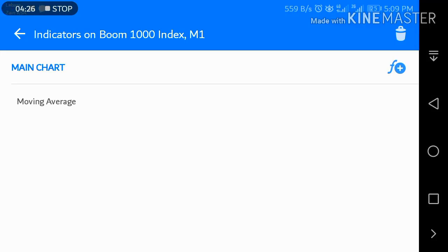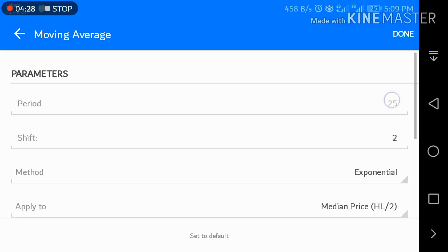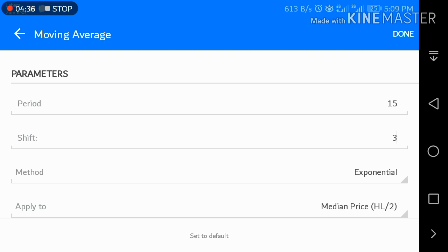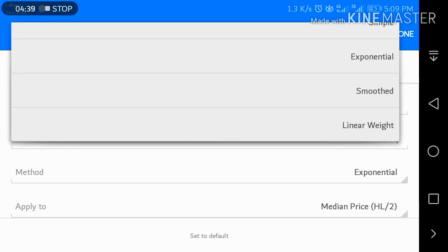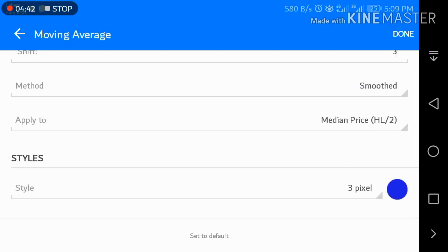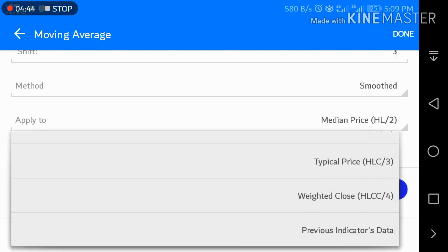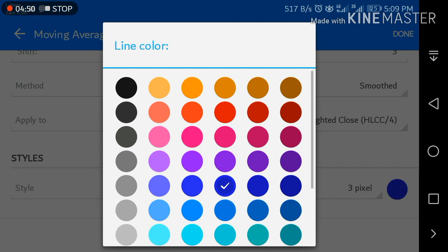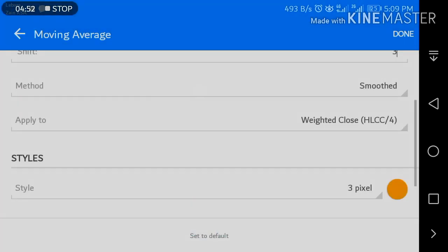Okay, once more, again moving average, period 15, and here change the shift to 3. Method smoothed and apply to close HLCC4. What is this? This is also a deep topic, the condition of moving averages.